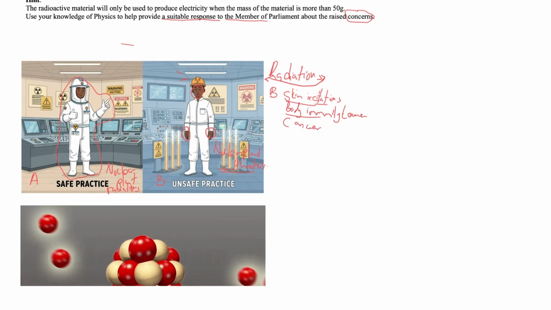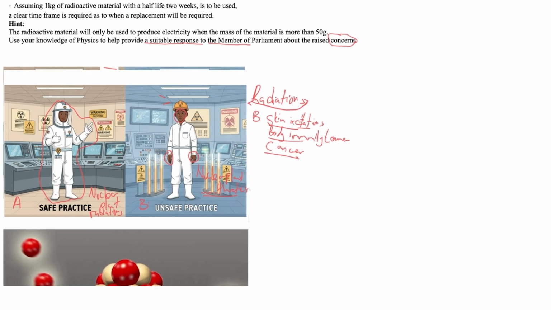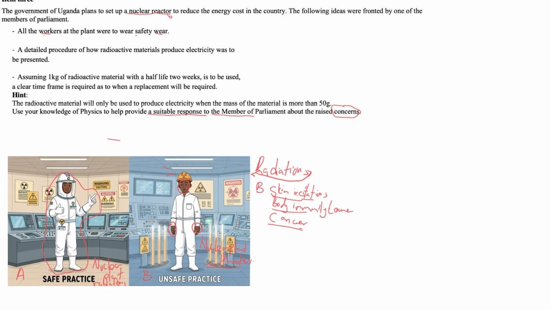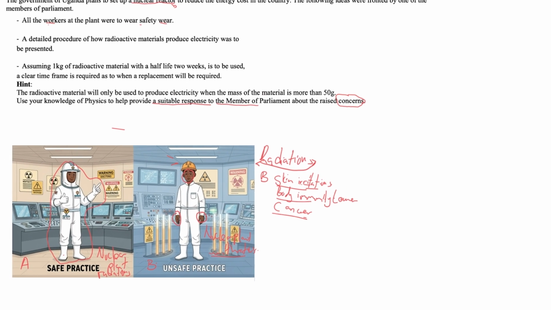So these radiations in this room are very dangerous because of the above problems they cause to our bodies. As a result, you are required to put on safety wear as you are dealing with radioactive materials.